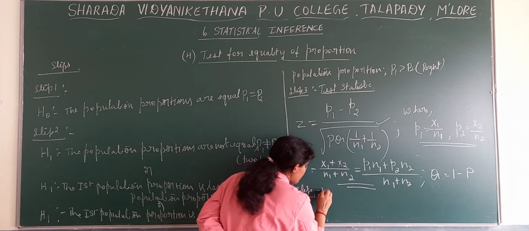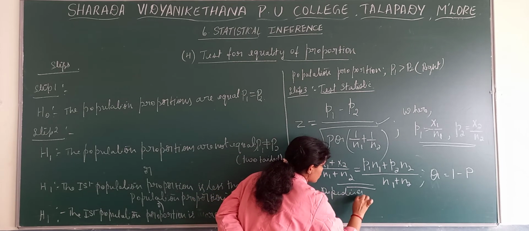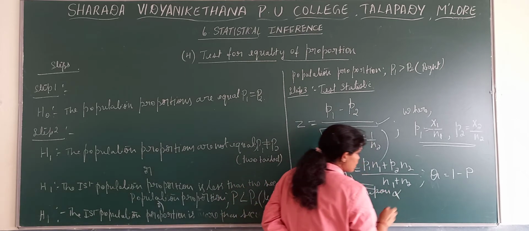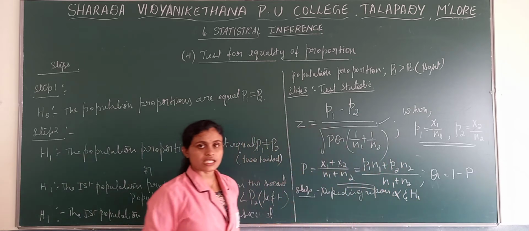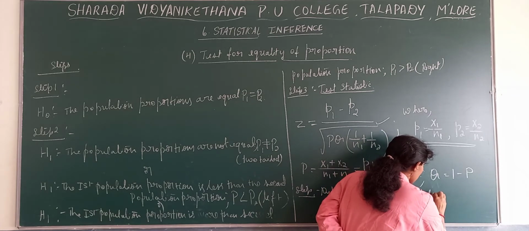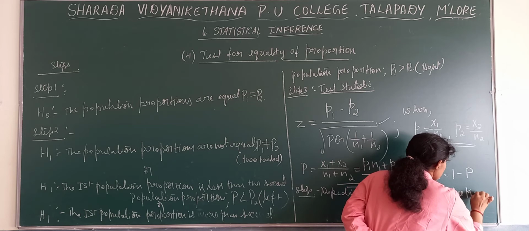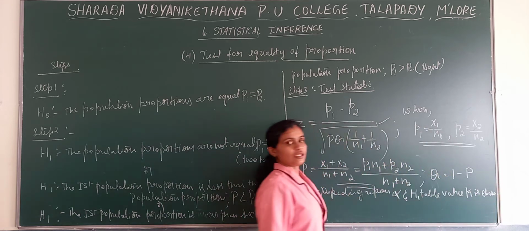Step 4, depending upon the level of significance and alternative hypothesis, the table value K is chosen from the table.